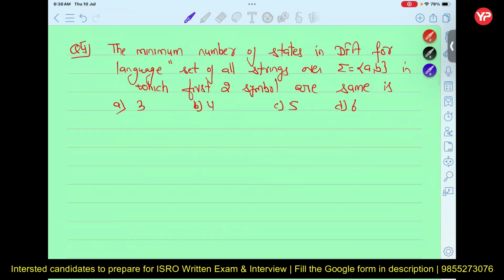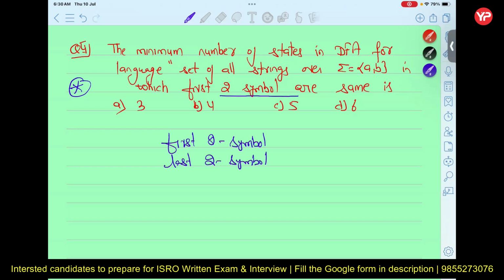Now, the minimum number of states in a DFA for the language, the set of all strings over a and b in which the first two symbols are same. Very important problem. So my dear students, whenever the questions are related to first two symbols, or last two symbols, then we are talking about the case of same.